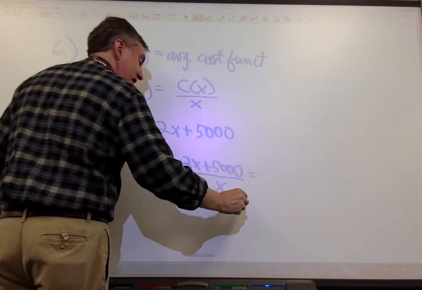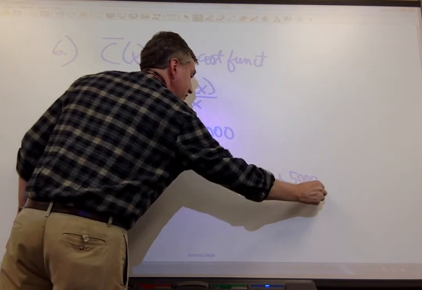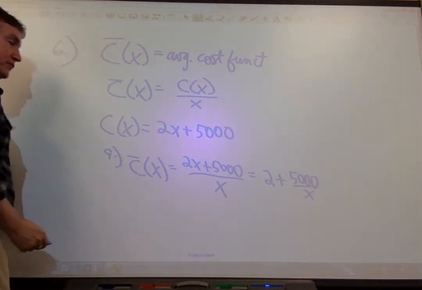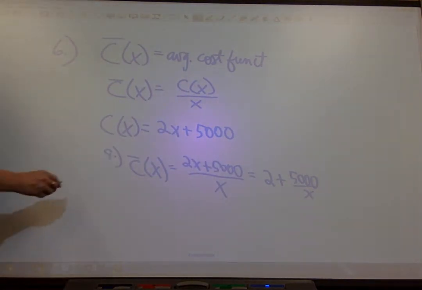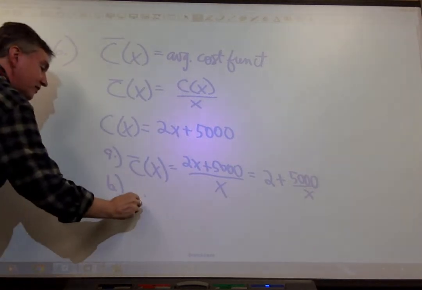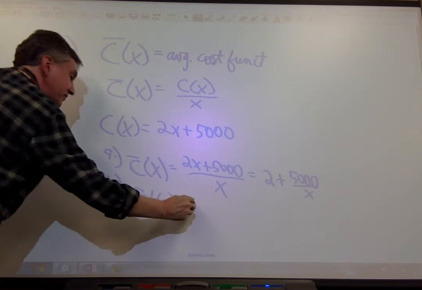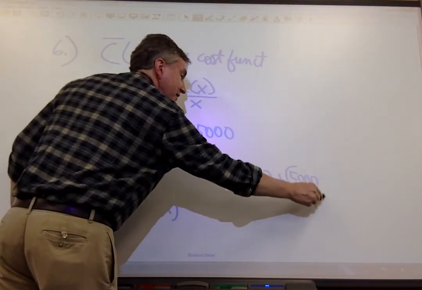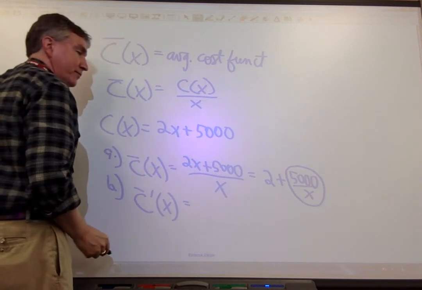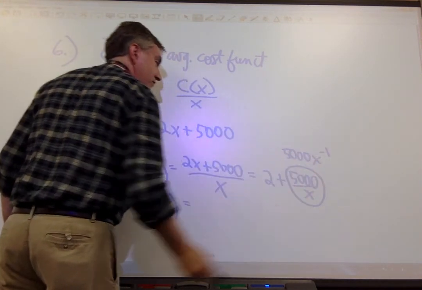And I could write that 2 plus 5,000 over x if you wanted to. If I split it into two fractions, right? And then part B says find the marginal average cost. Find the derivative of that. Well, how should I write that to make it easy to find the derivative? Okay.